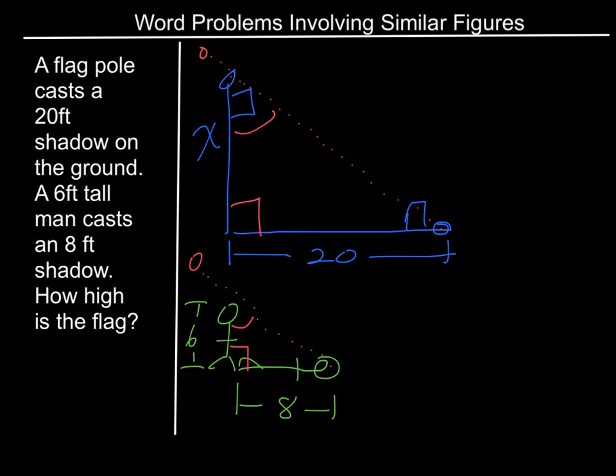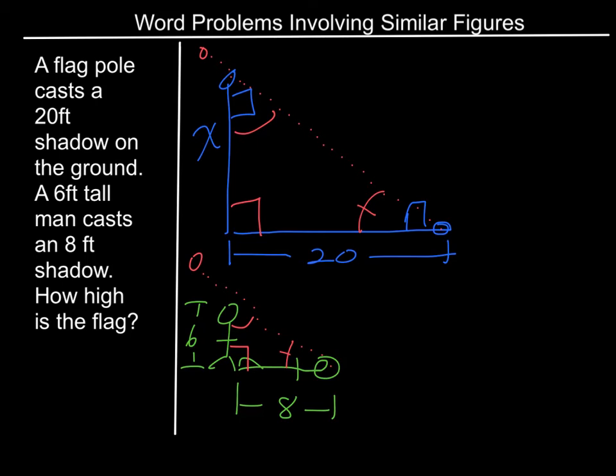Well, then if this angle is the same as this angle, and these are both right angles, then this third angle must be congruent, because we know that triangles are 180. So even though I don't know what that angle is over here, I know that this angle has got to be equal to that angle. Therefore, we know that these are similar figures, and then we can set up our proportion.